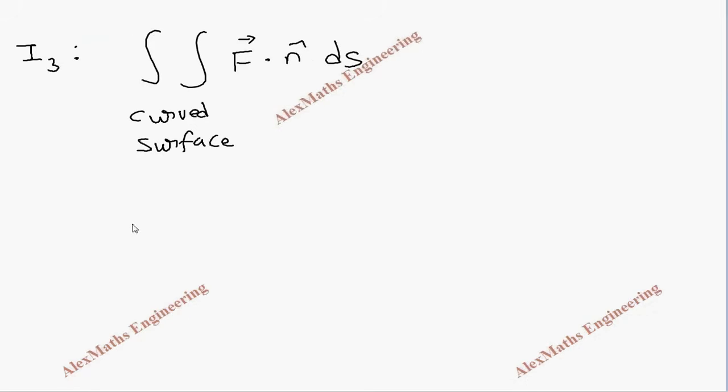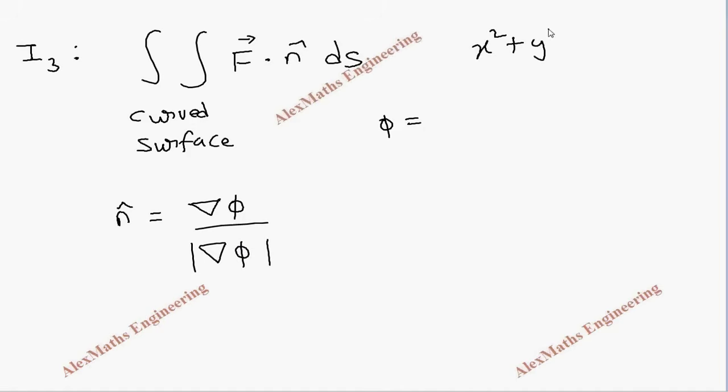So let's find n cap separately first, which is del phi by mod of del phi, and phi is nothing but the circle equation they gave, x square plus y square equal to 9. From this we take x square plus y square minus 9.